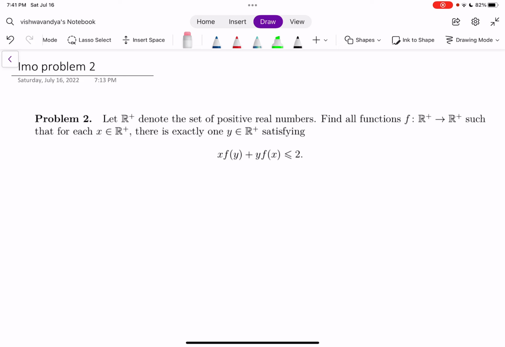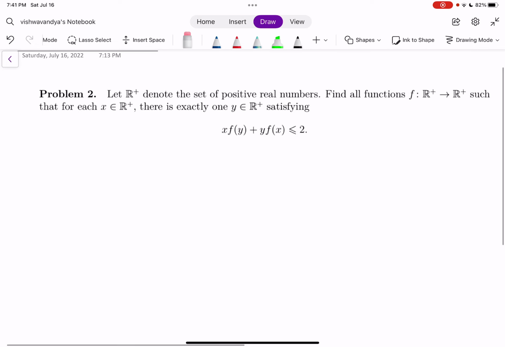The problem states that R plus denotes the set of positive real numbers. Find all functions f mapping from R plus to R plus such that for each x belonging to R plus there is exactly one y belonging to R plus satisfying this condition.